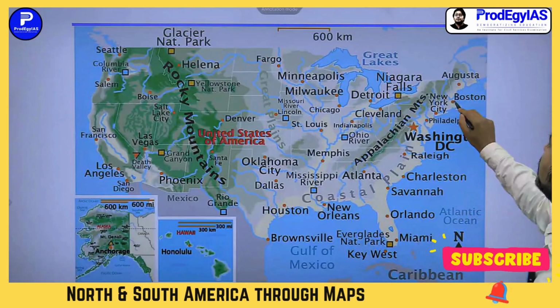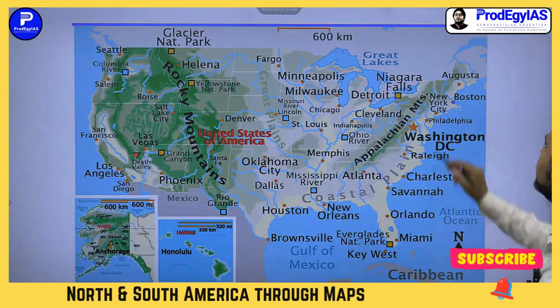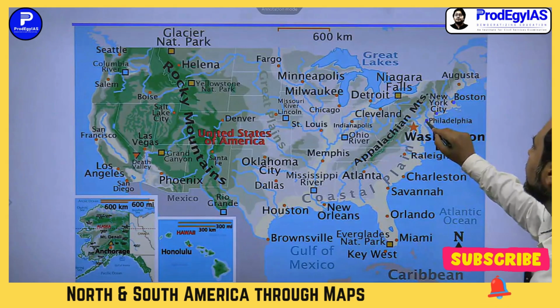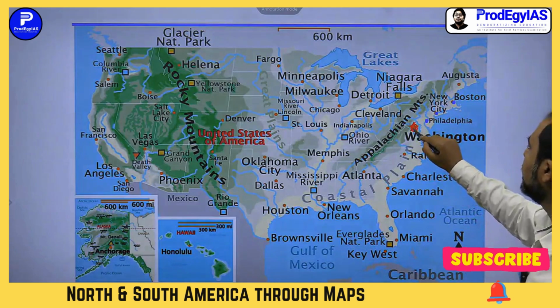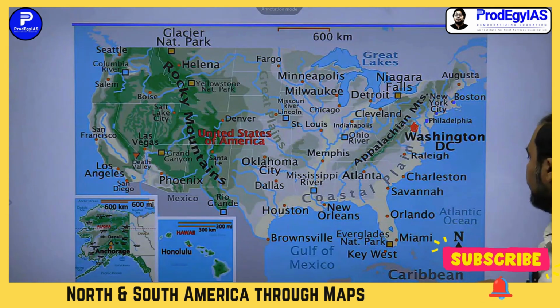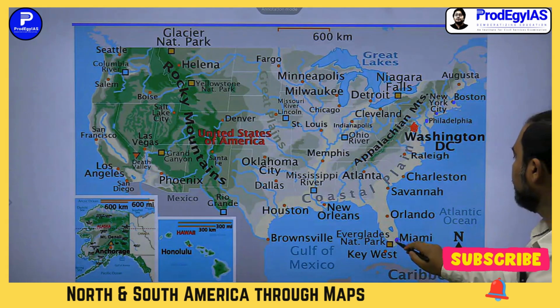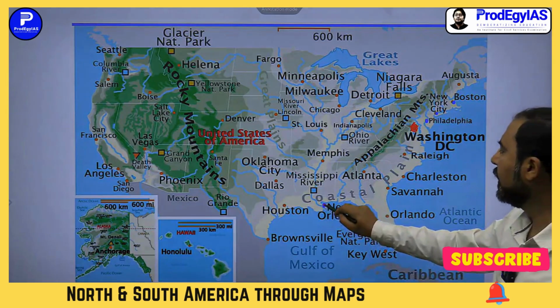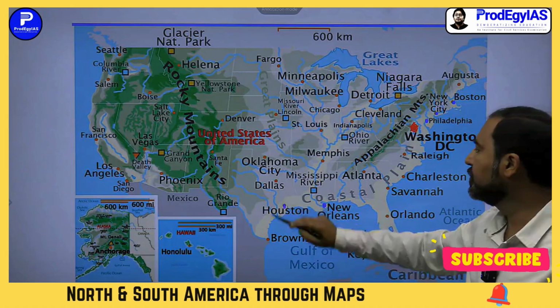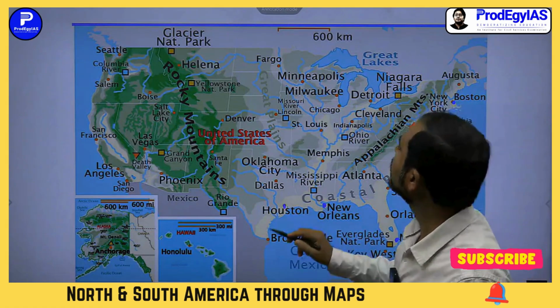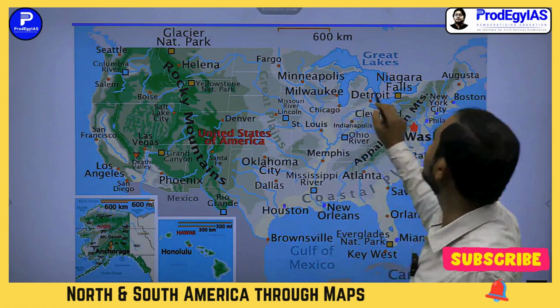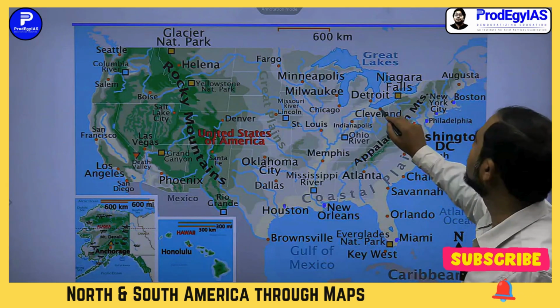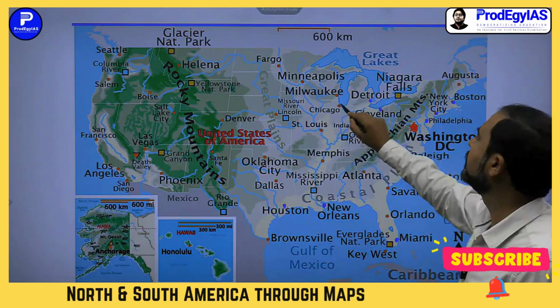Like here, Boston, important city. New York City, Philadelphia is also an important city. Then Washington DC is the capital. Okay. Then this is Miami. This is New Orleans. This is Houston. Again here, this is Cleveland, Detroit, Chicago.